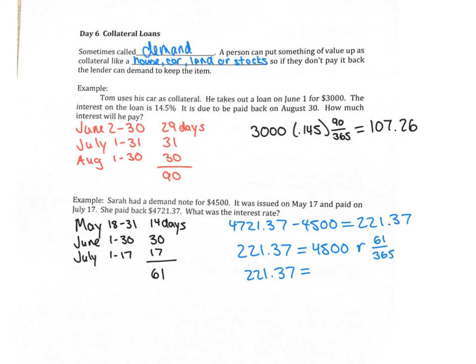You could multiply straight across and then divide by 365, which is a good way to go about doing that. And so you get $752.05 times the rate. So then if we divide, we're going to end up with an interest rate of 29.4%.